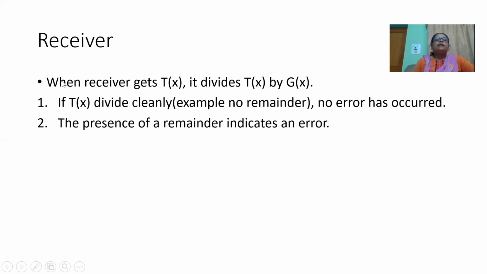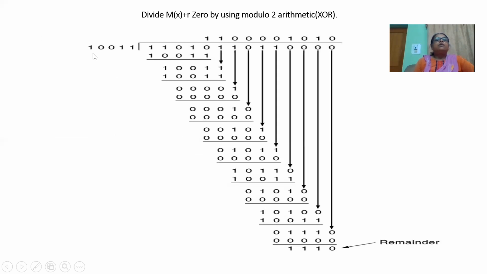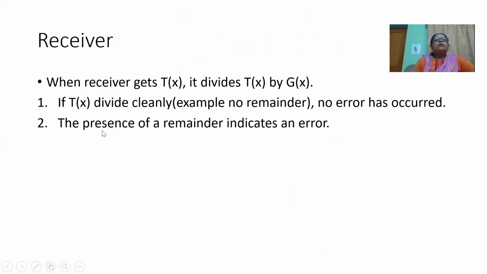Similarly, on receiver side, when receiver gets tx, divide tx by gx polynomial. What is gx? 10011. If tx divides evenly, no error has occurred. It means if remainder is 0 0 0 0, no error has occurred.